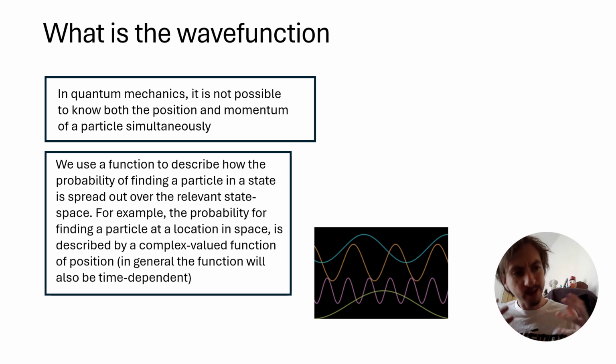And this function, it turns out, will refer to the probability of us measuring the quantum particle in a particular position or in a particular momentum, depending on what the input to this function is. And we call this function a wave function. And a wave function has to be complex.